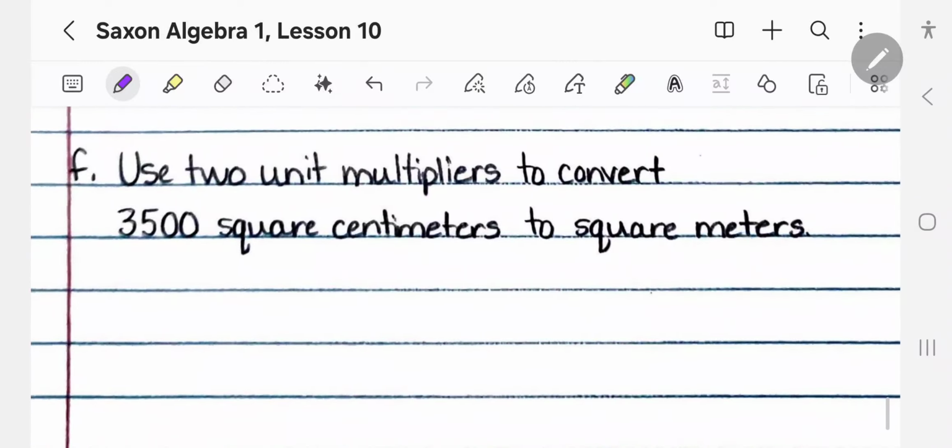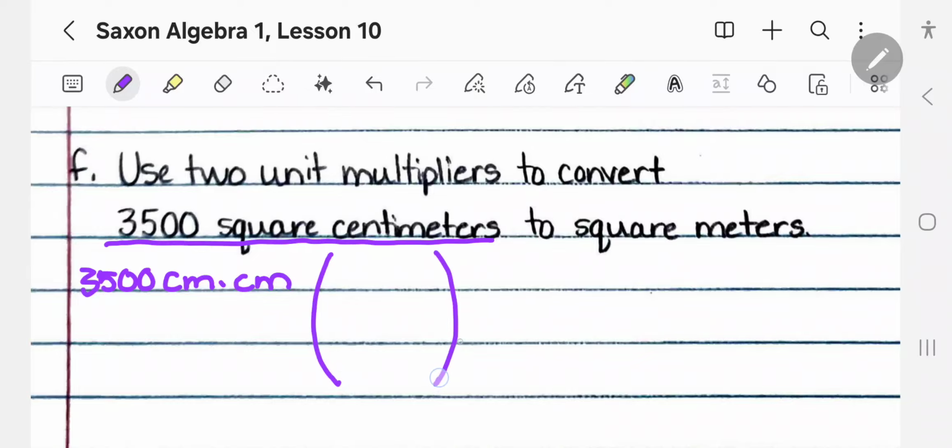Use 2 unit multipliers to convert 3,500 square centimeters to square meters. So we'll start with what they give us, which is 3,500 square centimeters, but I'm just going to write it as centimeters times centimeters. We're going to use 2 unit multipliers, so we'll have one there and one there.